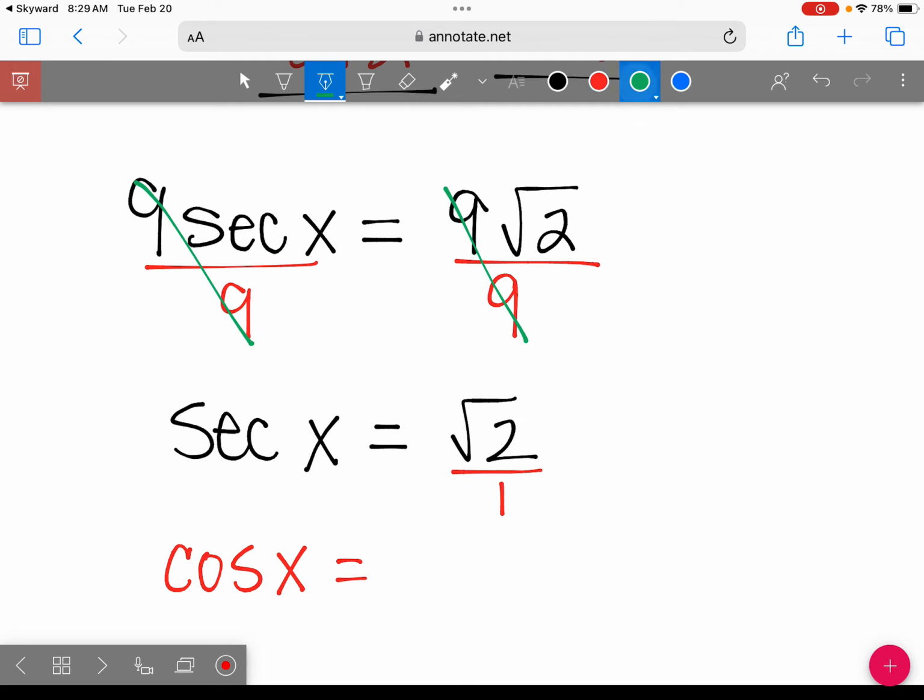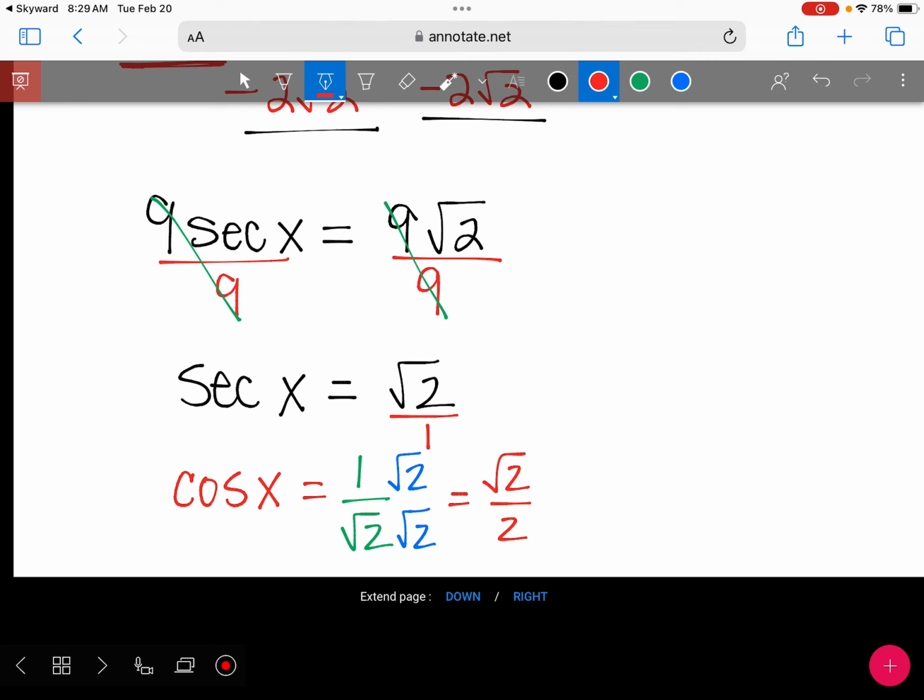And if you flip it, it becomes 1 over the square root of 2. And then what do you have to do because you have a square root in your denominator? How do you get rid of a square root in your denominator? Yeah, rationalize it. I heard rationalize. Good job. Multiply by root 2. So that will give you root 2 over 2.